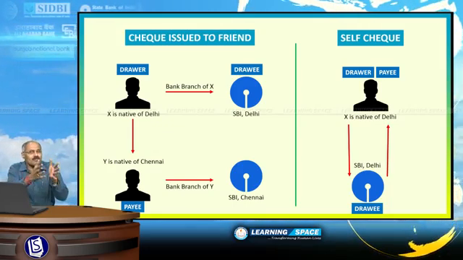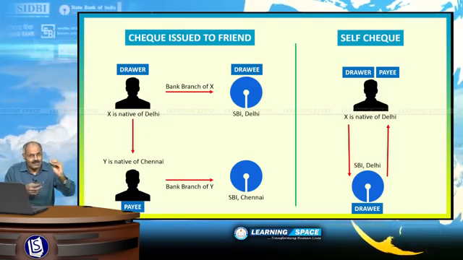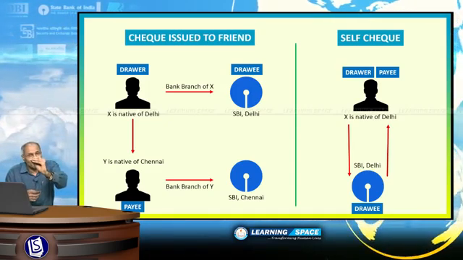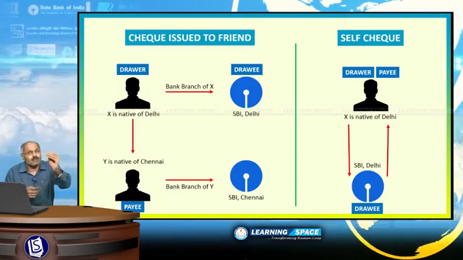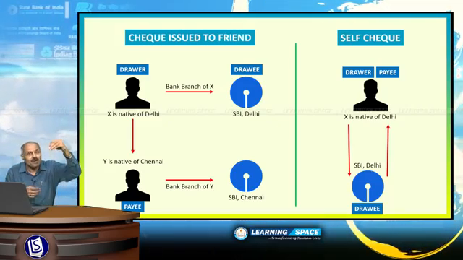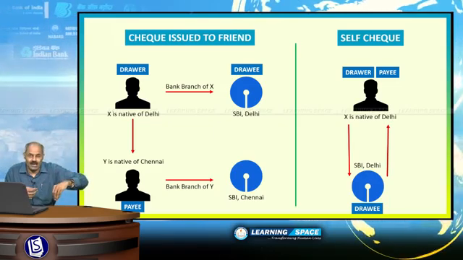Let us look at a customer X, he is a native of Delhi and his bank branch is State Bank of India, Delhi. He is issuing a check for rupees 1 lakh to his friend in Chennai.